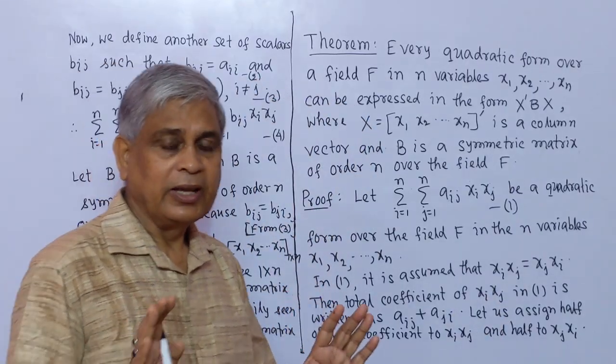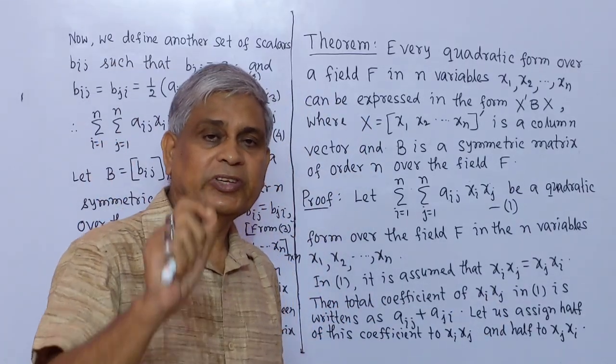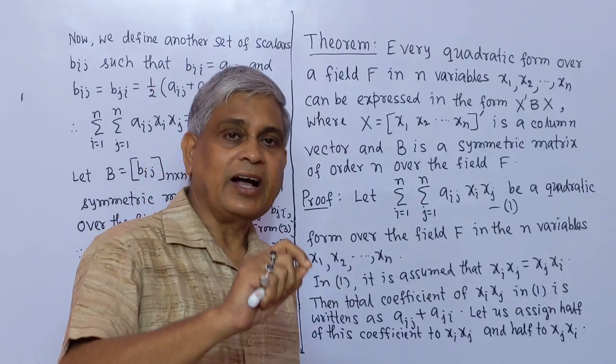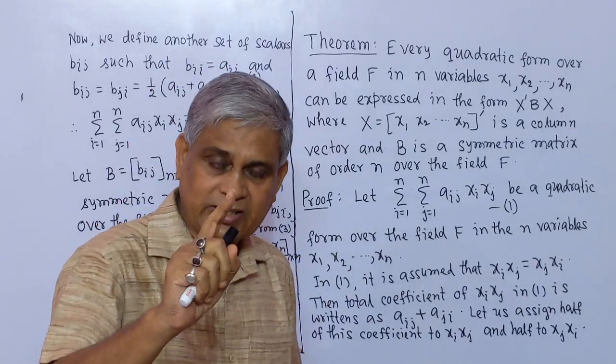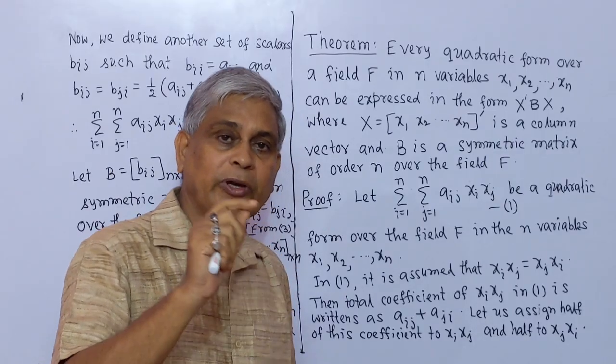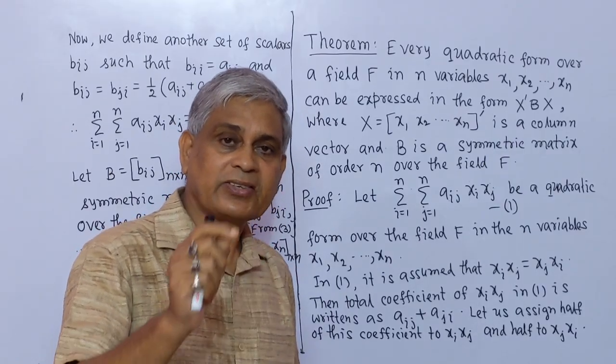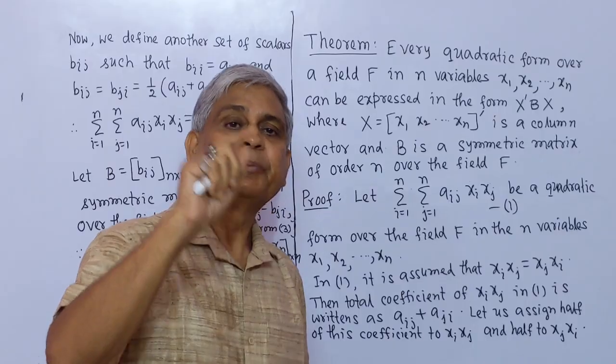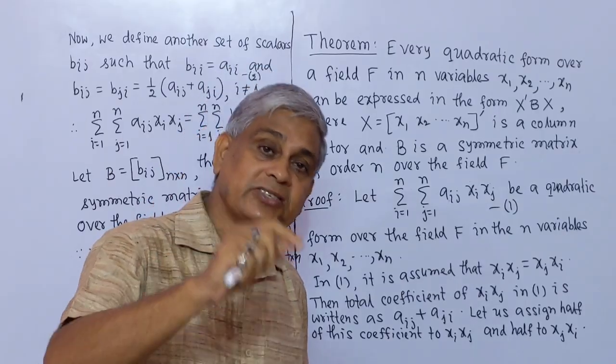For example, if the coefficient of xi multiply xj is 6, then half 3 will be with xi xj and half 3 will be with xj xi.